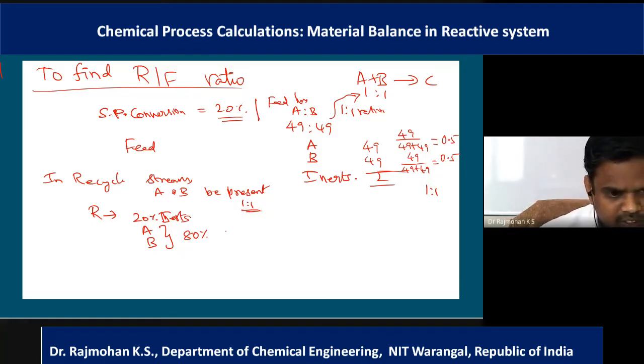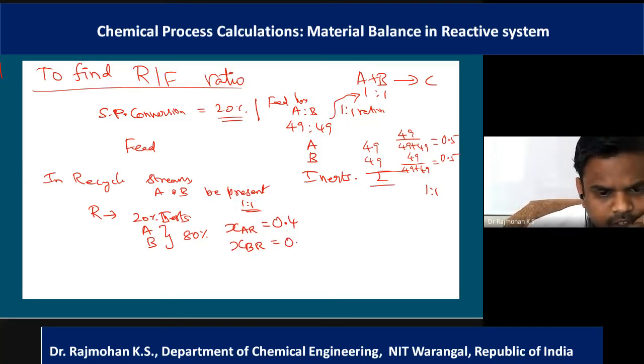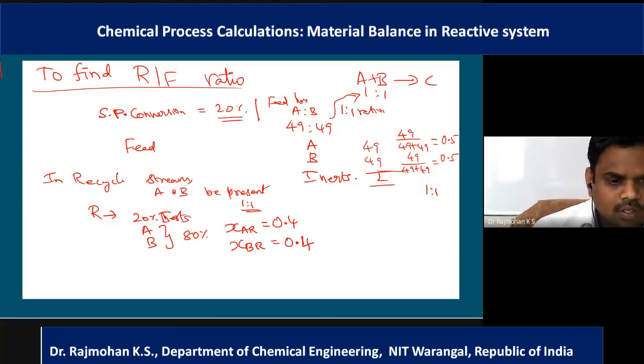What is XAR? It is half of it, since they are divided in equal percentage. You can say 0.4 is the fraction of A in the recycle stream, and 0.4 is the fraction of B in the recycle stream.